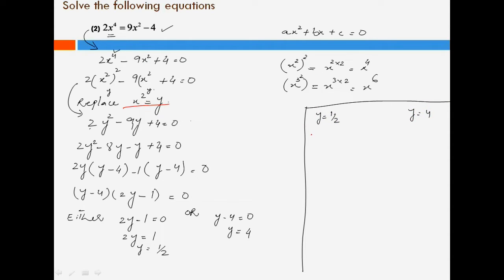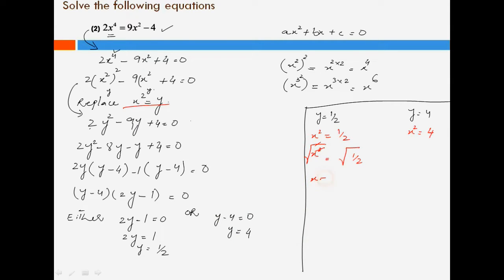Now we are going to resubstitute the value of y, that is x square is equal to 1 upon 2 and x square is equal to 4. Taking square root on both sides to cancel this square. So here we have 1 upon 2, and this square is cancelled with this square root.